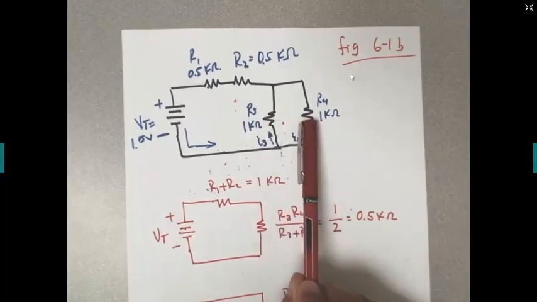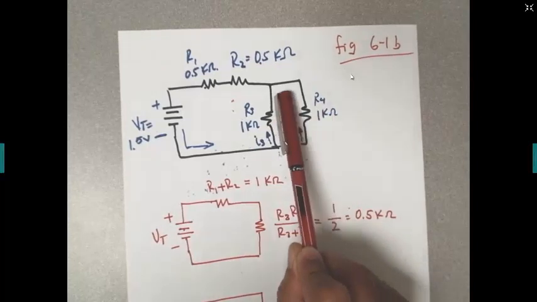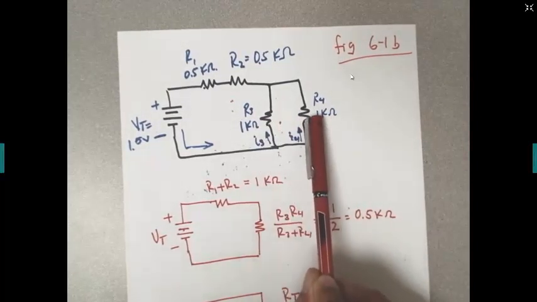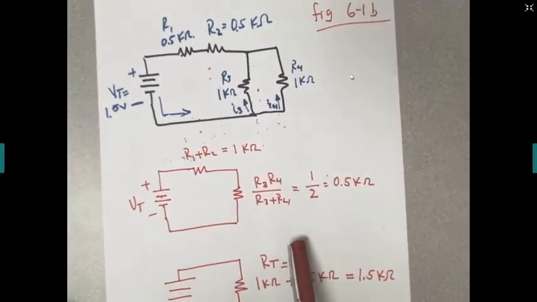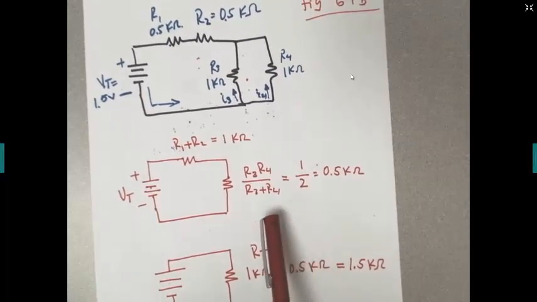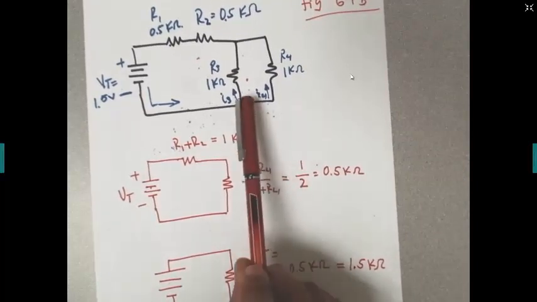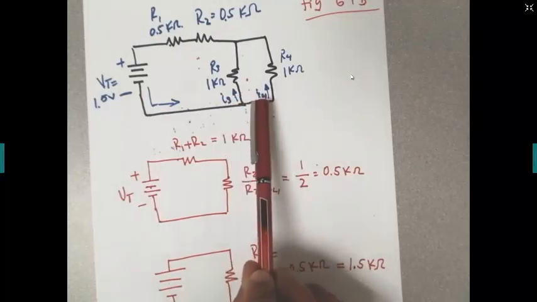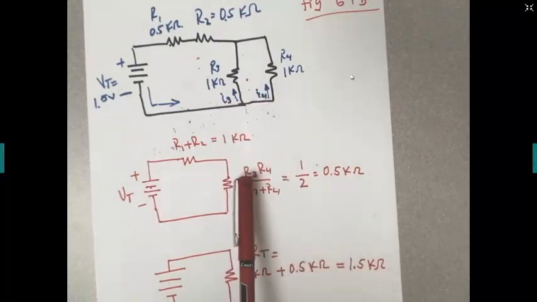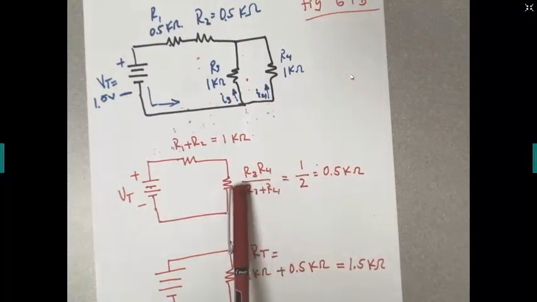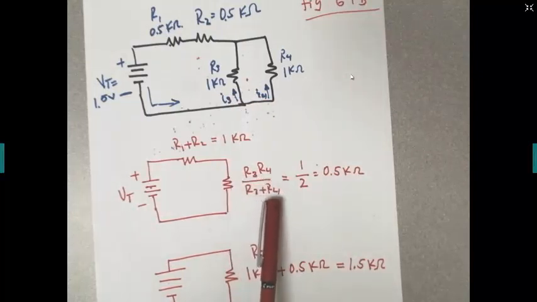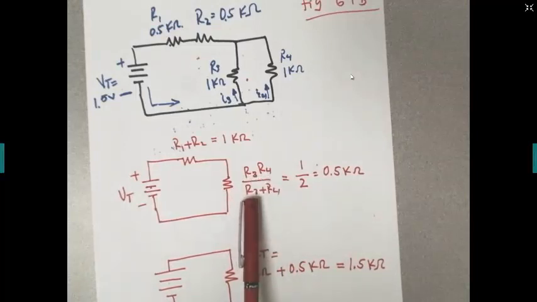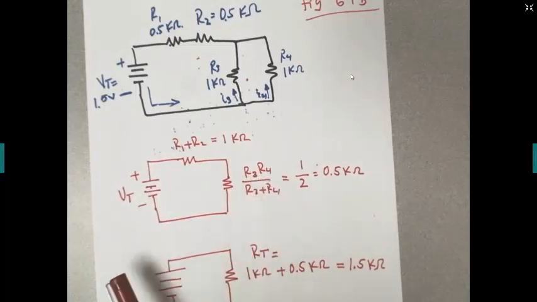R3 and R4 are connected in parallel, so we're going to find the equivalent resistor for these two. As we learned in chapter 5, to find the equivalent resistance of two resistors connected in parallel, you multiply R3 times R4 and then divide by the sum of both of them. So R3 times R4 divided by R3 plus R4.